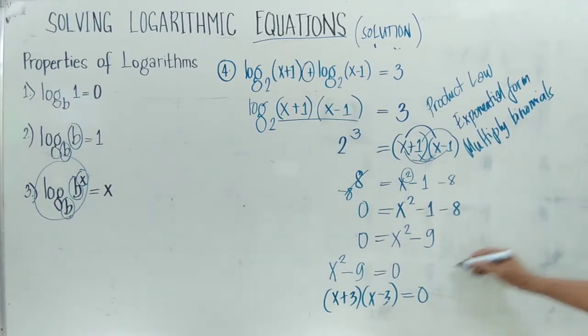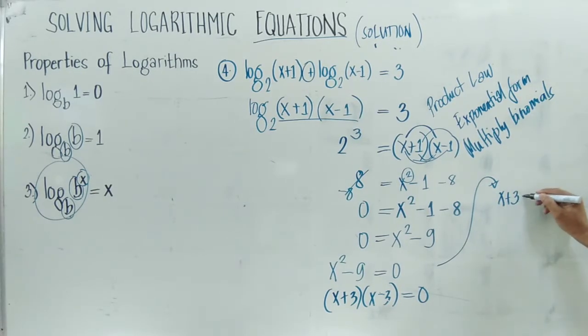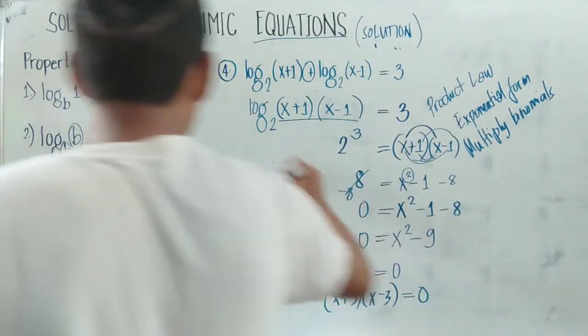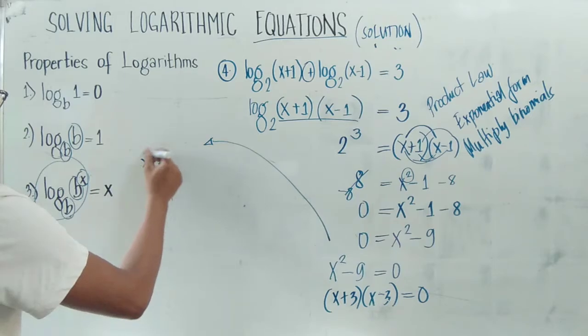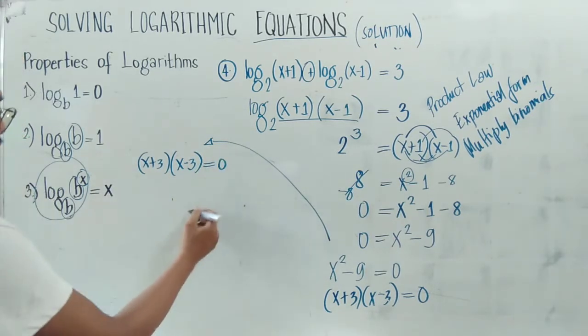To continue, we have x plus 3 times x minus 3 equals 0.